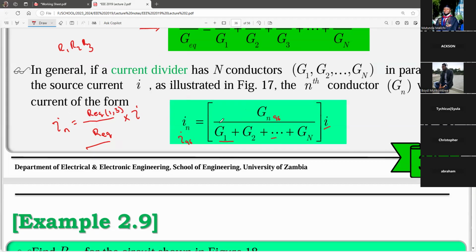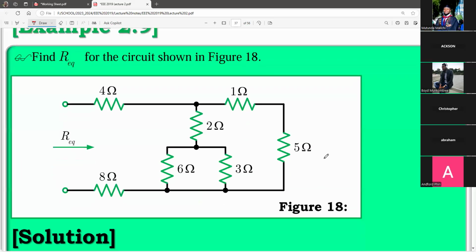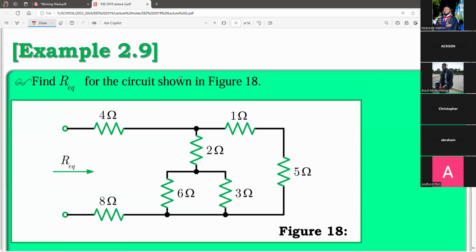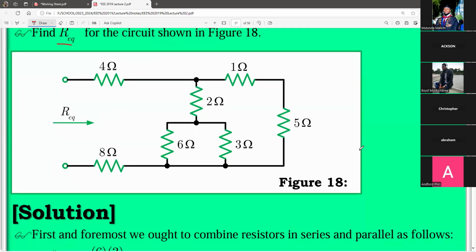Okay, so here is an example, example 2.9. It's asking us to find Req for the circuit shown in this figure. When we look from the left, what do we see as the equivalent resistance between these two terminals, A and B?